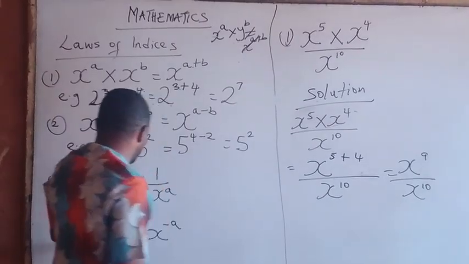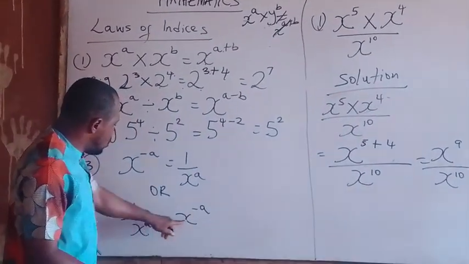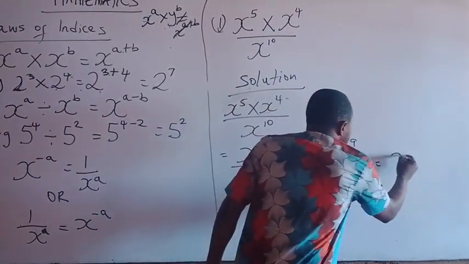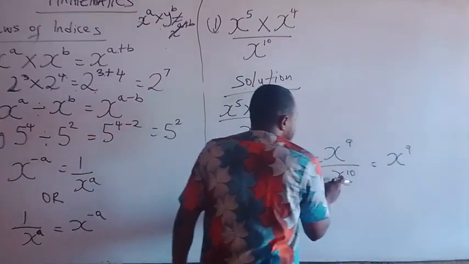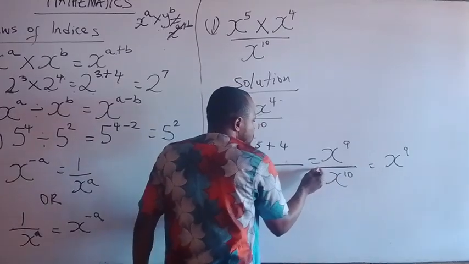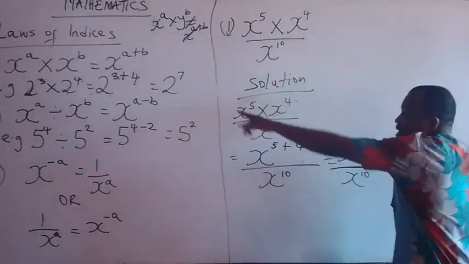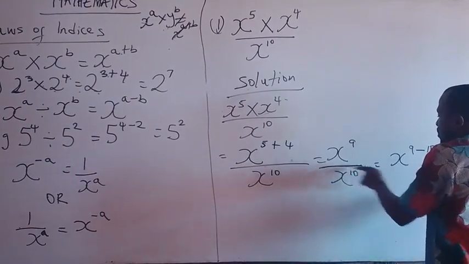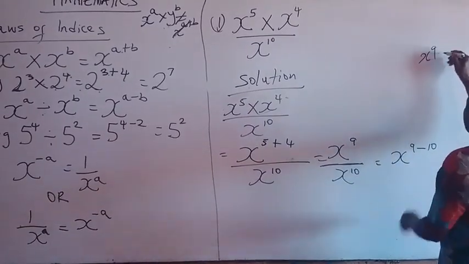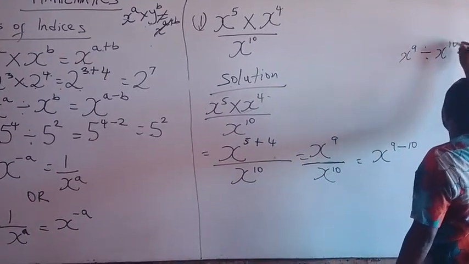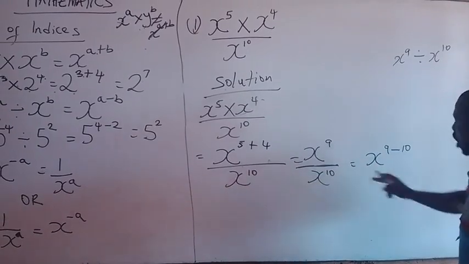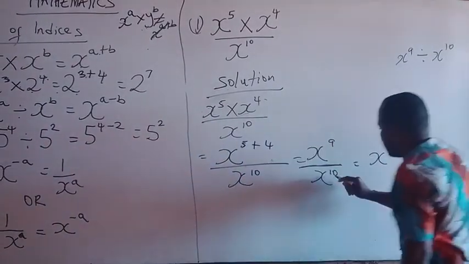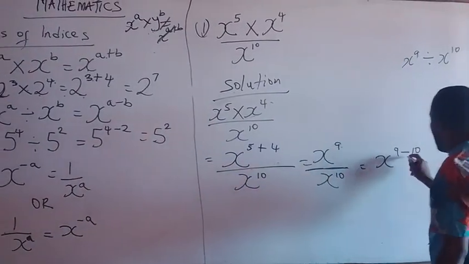Now, you remember this law. For this to come up, it will change to minus. So it's equal to x raised to power 9 over x raised to power 10. It is division, so it can be 9 minus 10 because it's division. Or you can say it this way: for this one, just like this third law, for this to come up, it will change to minus.